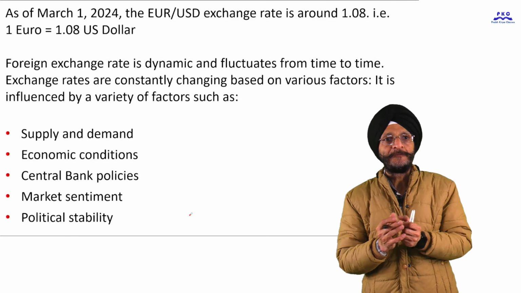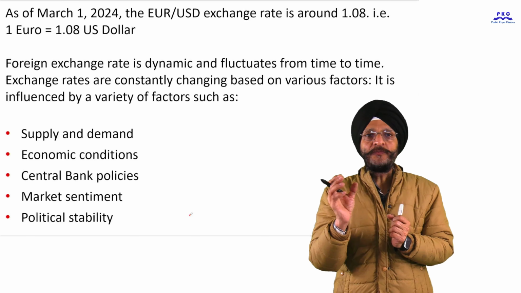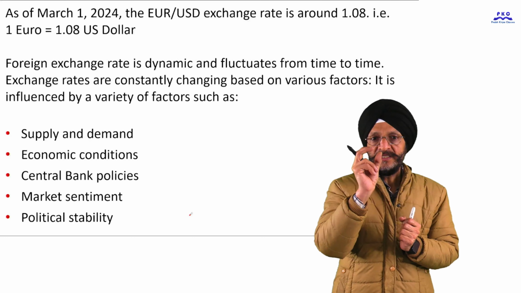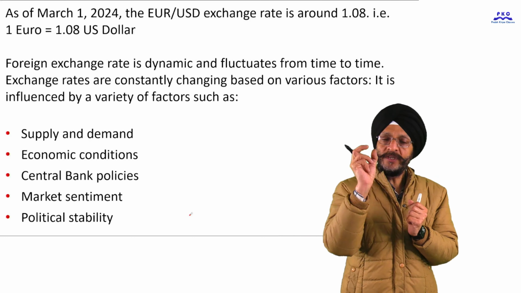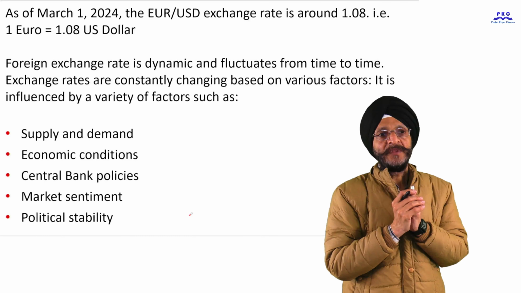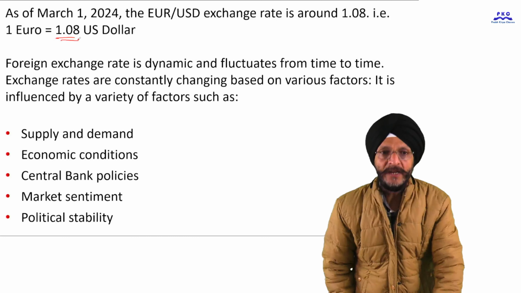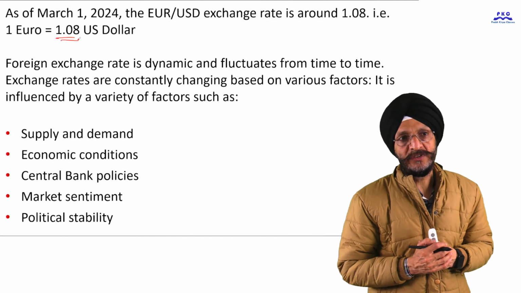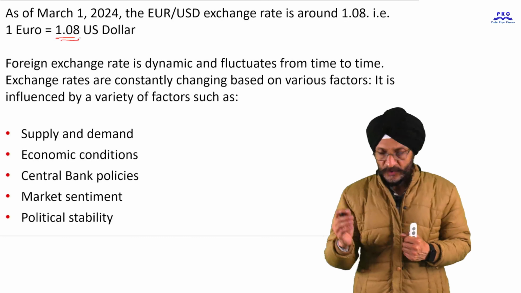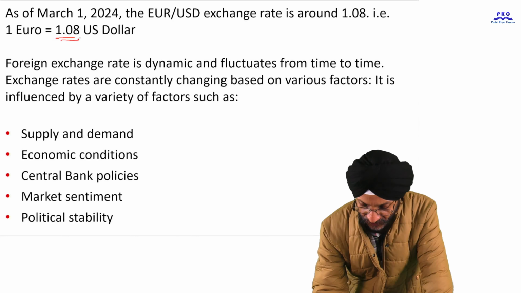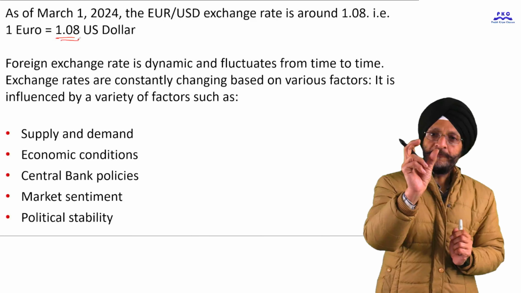In the same way, if we want to purchase 1 euro and we are living in USA, then to purchase 1 euro we will have to pay 1.08 US dollars.